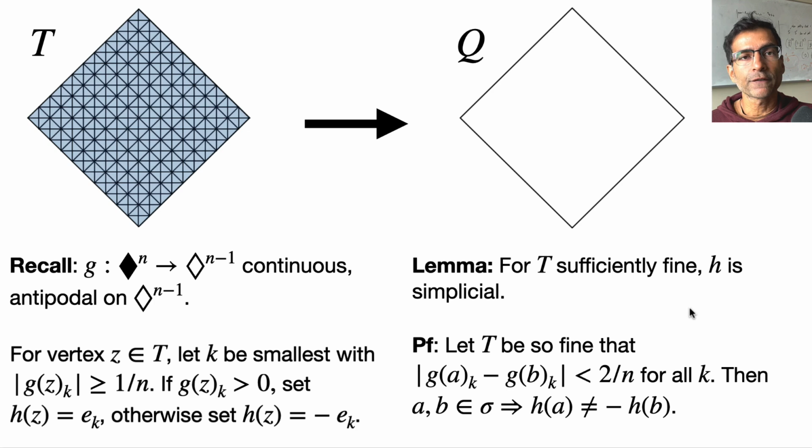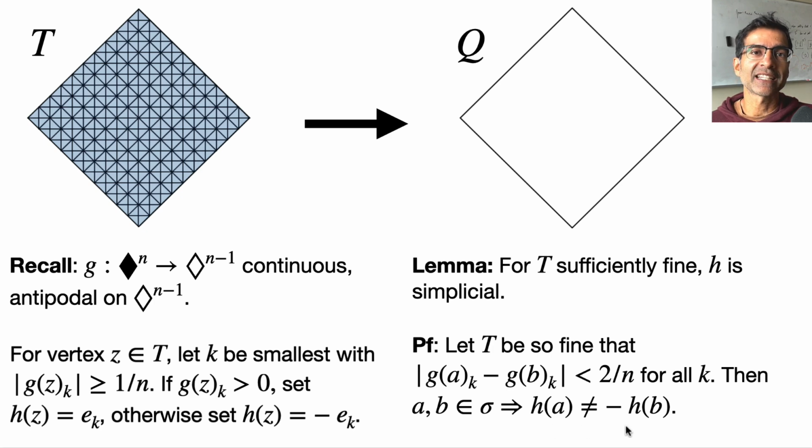And I claim that if this triangulation is fine enough, if the simplices are small enough in the triangulation, then H must be a simplicial map. And that's because if T is so fine that all of the nearby points A and B get G values that are within 2 over n of each other, then you see that it's not possible for those 2 points to get H values that are negations of each other.